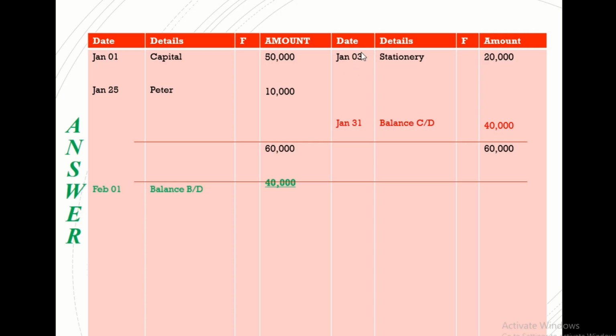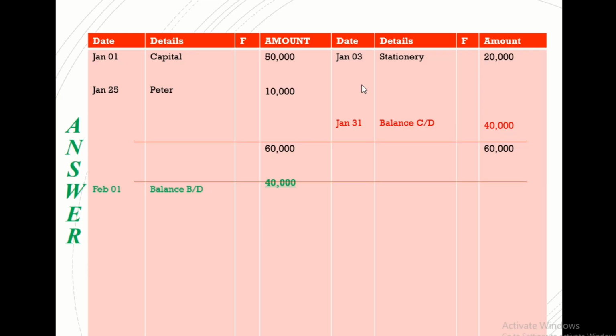Everything is clear. But on the 25th, you can see that 10,000 in cash was received from Petra on this date. When you end up recording all transactions, you need to balance your cash book. Remember, when we are balancing an account, we need to calculate balance carried down and balance brought down.